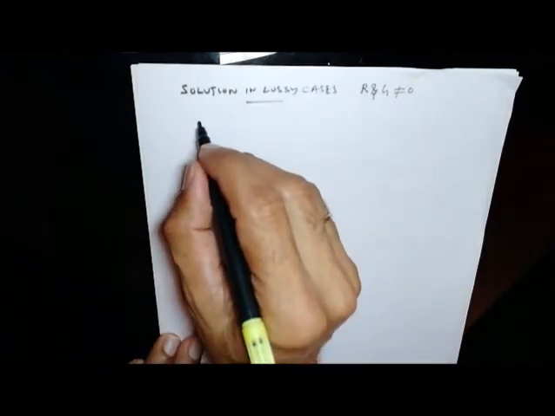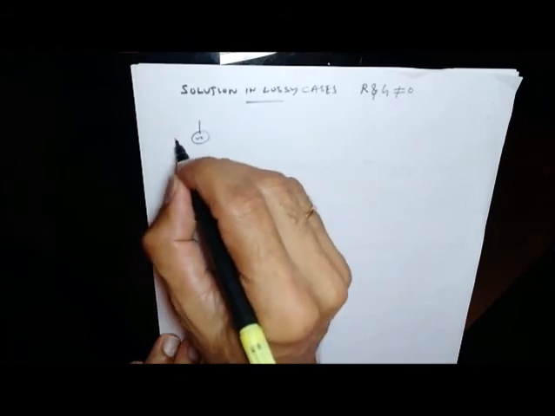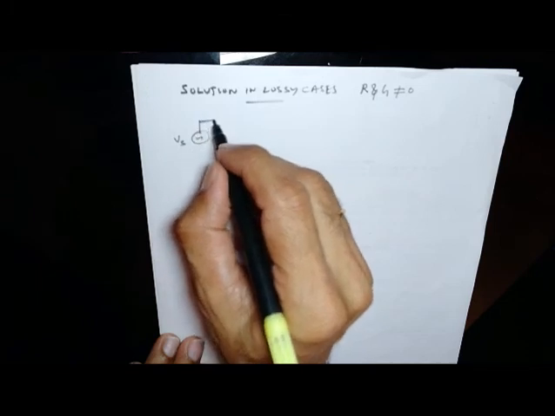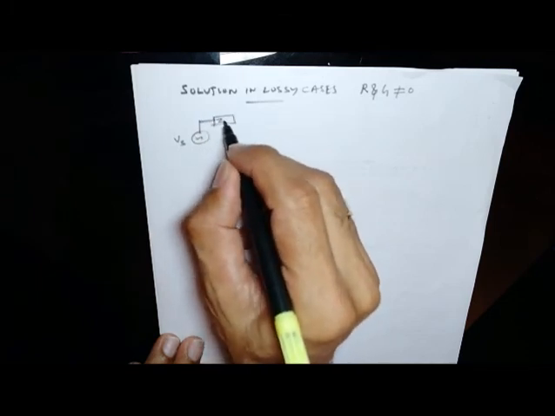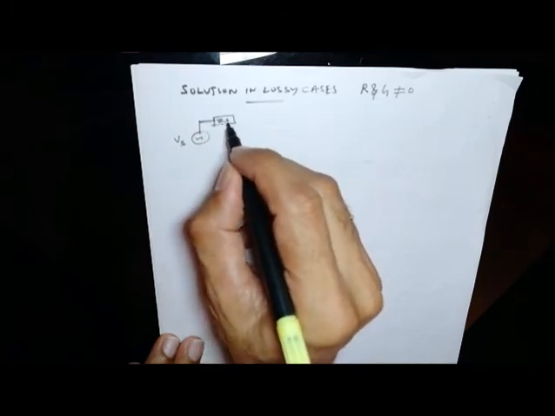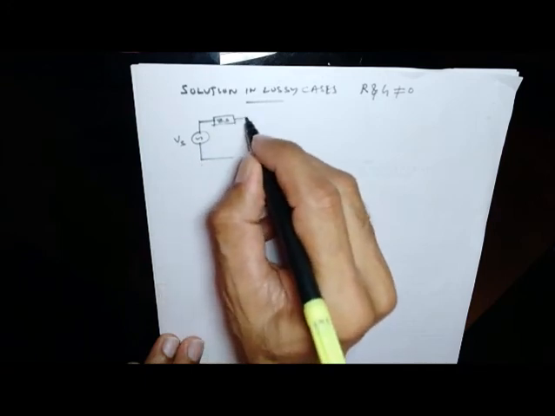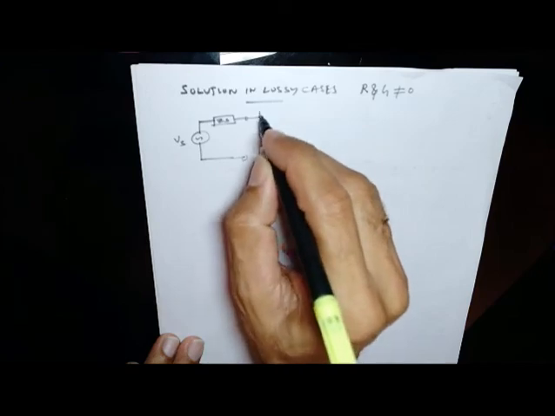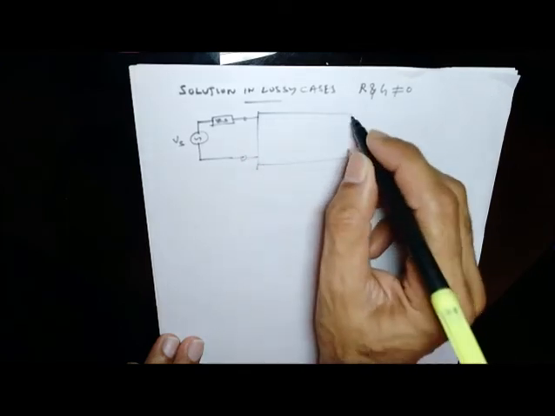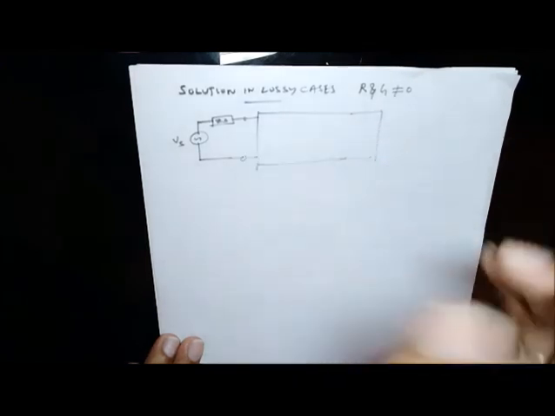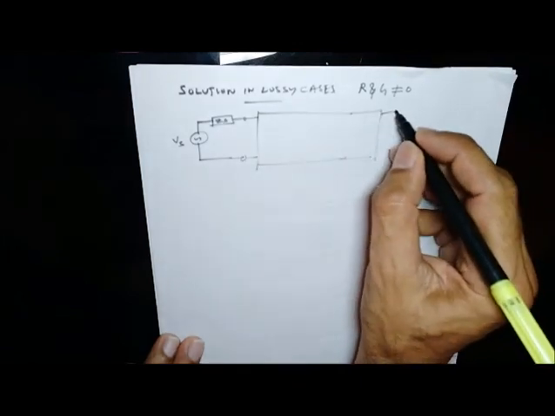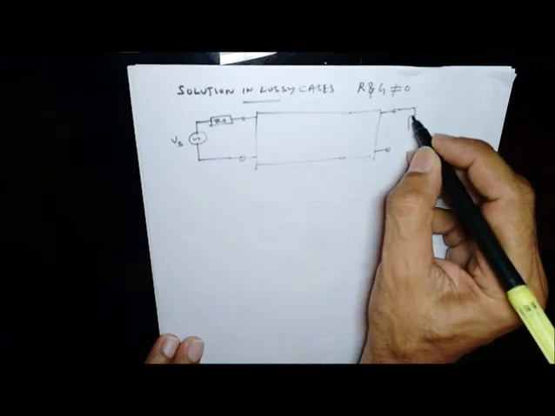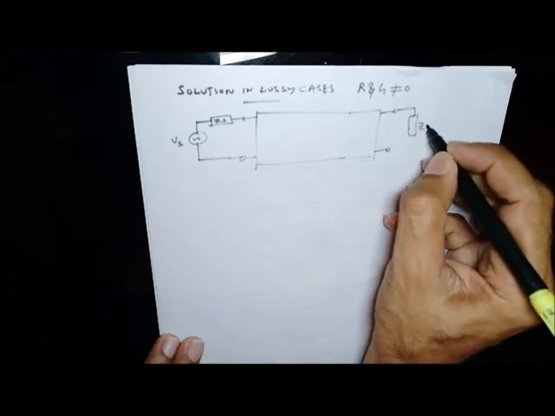So this is our schematic now. There is a source voltage and the source impedance ZS. This represents the transmission line, and the transmission line is connected to a load impedance.